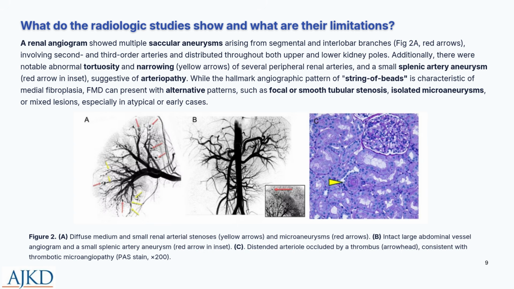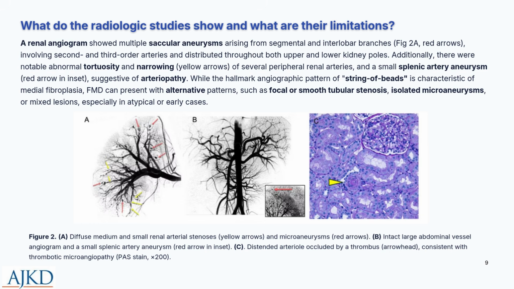Along with that, there is clear tortuosity and narrowing of several peripheral renal arteries, the yellow arrows. And interestingly, there is even a small splenic artery aneurysm shown. All of these together point toward an arteriopathy rather than simple focal stenosis.